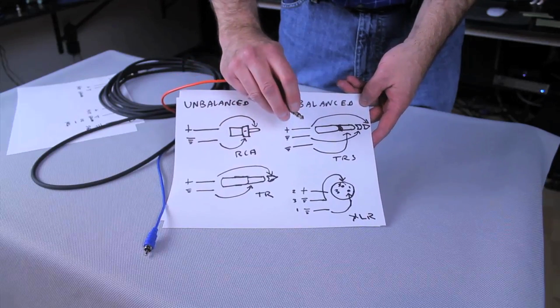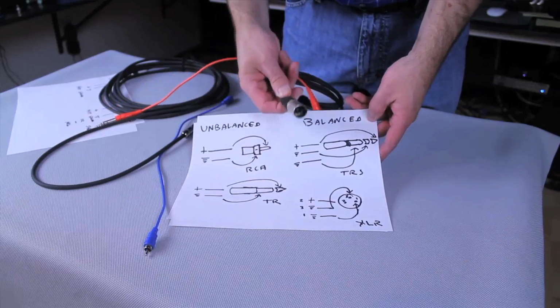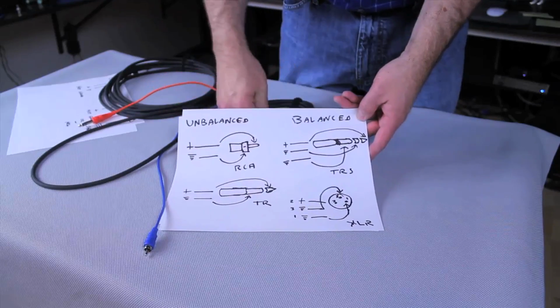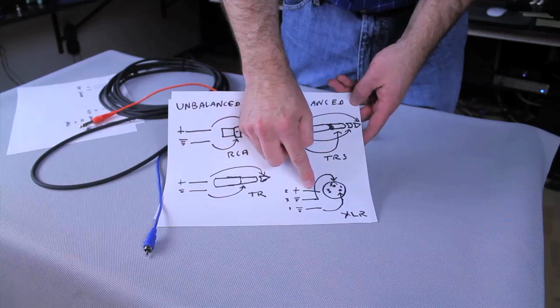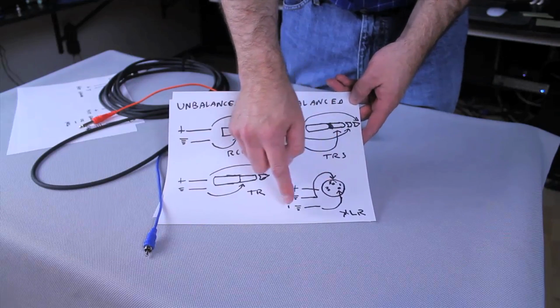And the last one is a mic cable, an XLR, and there's 3 pins on that, and your hot goes to pin 2, your ground goes to pin 3, and your shield goes to pin 1. And who knows why that is?